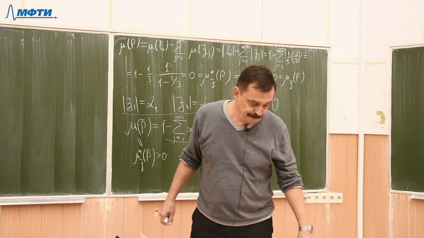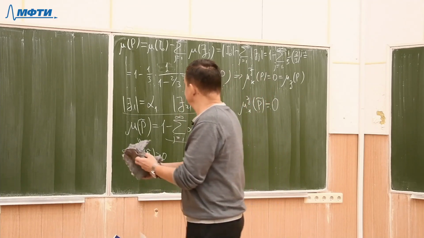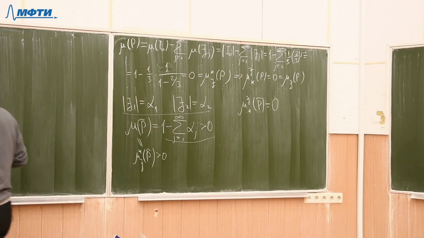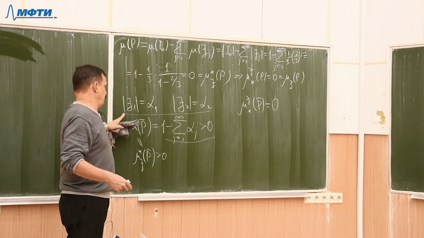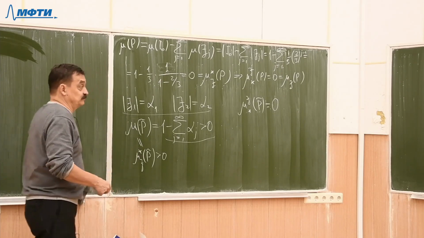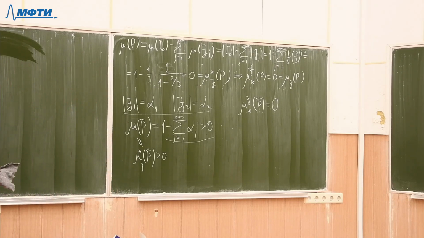Okay, next example. Now I want to give an example. So here I gave you an example of a non-trivial Jordan non-measurable set.